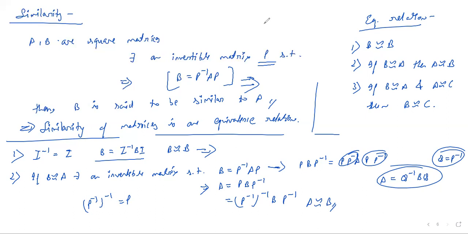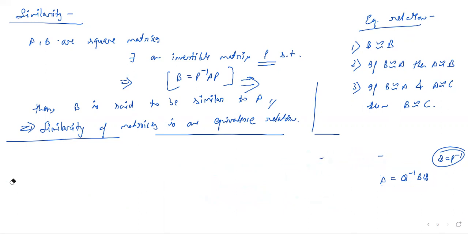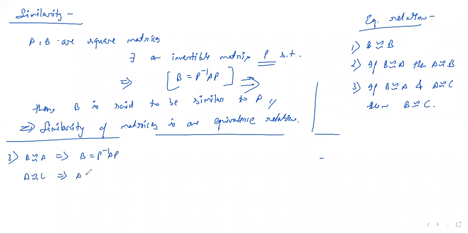Now let's check the third condition. We have already said that if B is equivalent to A and A is equivalent to C, then B is equivalent to C. For checking the third, as B is equivalent to A, it means B is equal to P inverse AP, and as A is equivalent to C, it means A is equal to Q inverse CQ.